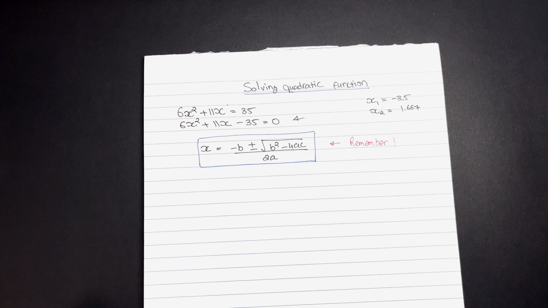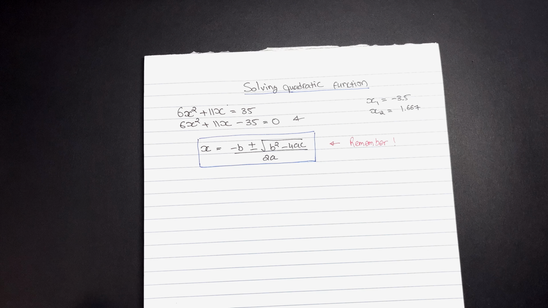To find these, it's pretty simple. I'm just going to rewrite this equation here: 6x squared plus 11x minus 35 is equal to 0. The number in front of x squared is a, the number in front of x is b, and this last digit here is c.